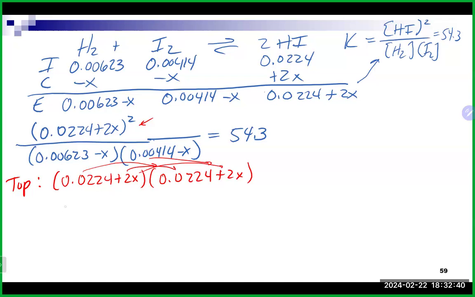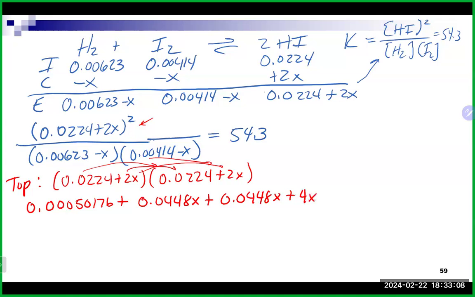All right. So if you do that, you will end up with, on the top here, we do everything separately, something like 0.00050176 plus 0.0448x plus 0.0448x plus 4x squared.